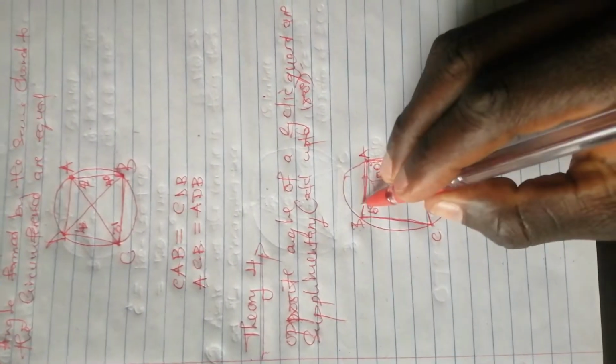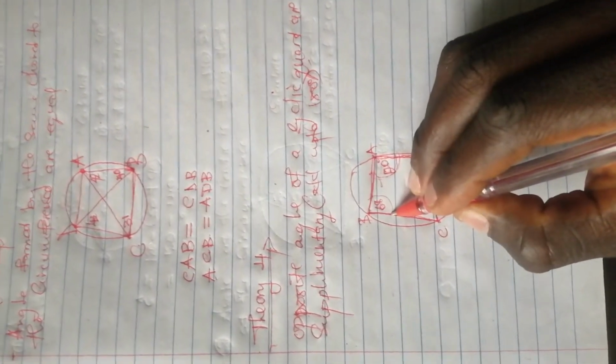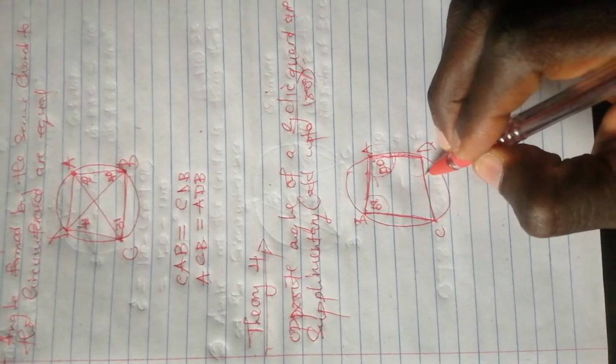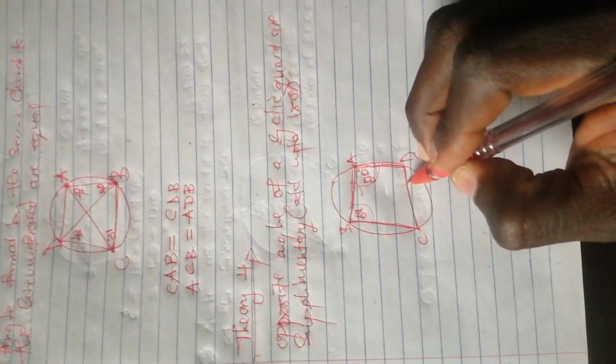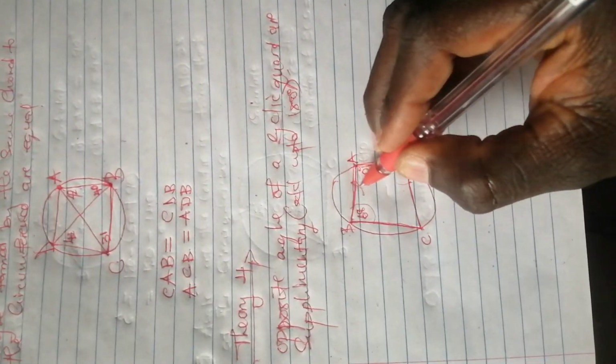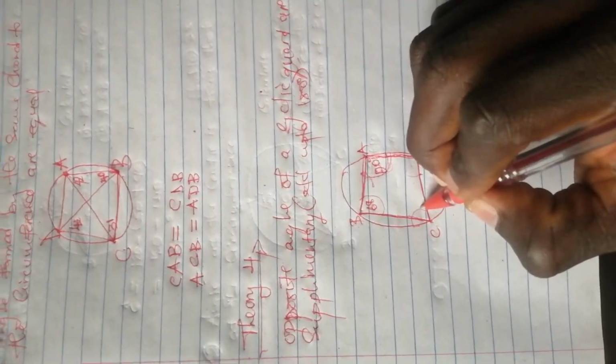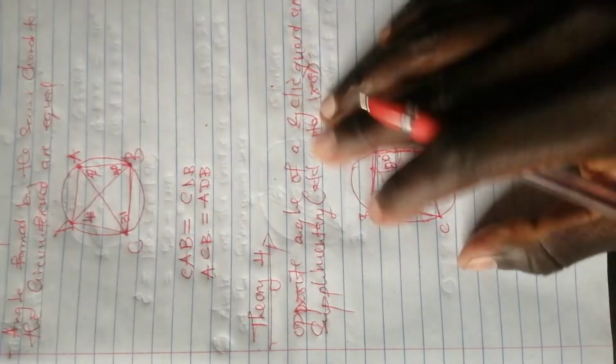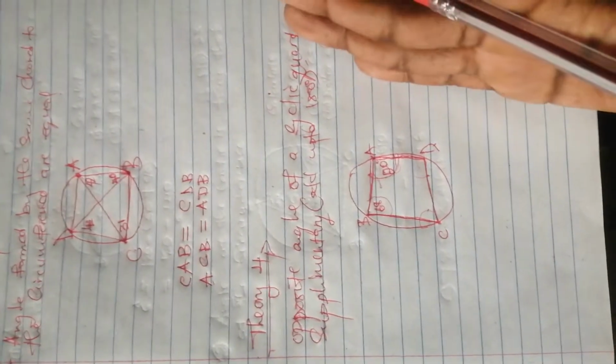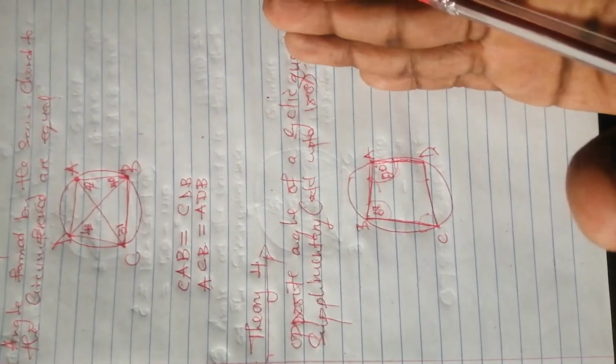So if we say angle B plus angle D, they must add up to 180. And if we also say angle A plus angle C, they must also add up to 180. Why? Because opposite angles of a cyclic quad add up to 180 degrees.